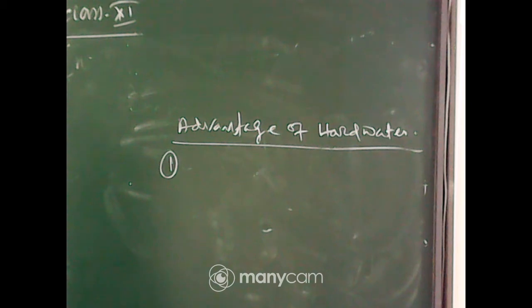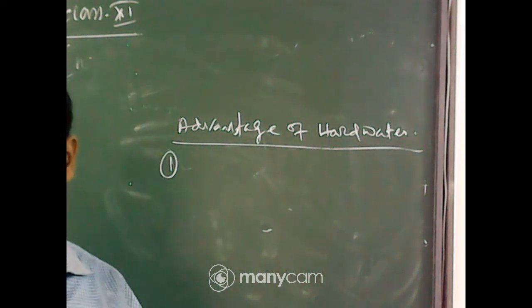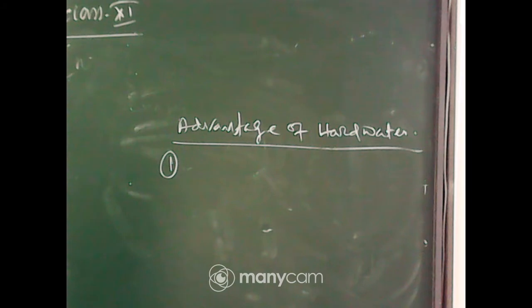So, if we exchange these, then it will no longer be useful for the body. This is one of the bad effects of softening. Next, hard water checks the poisoning of water by lead pipes.